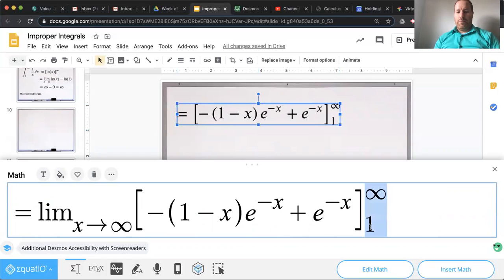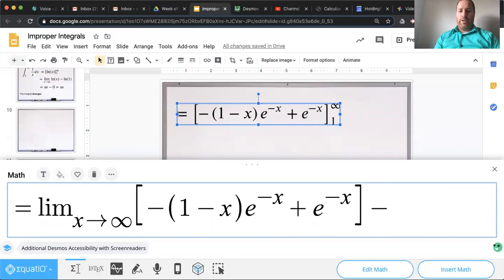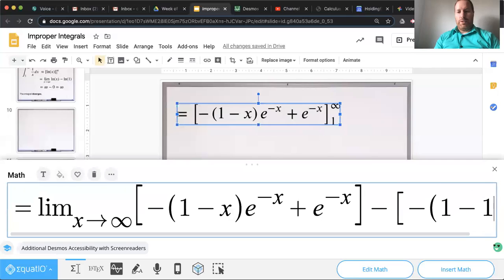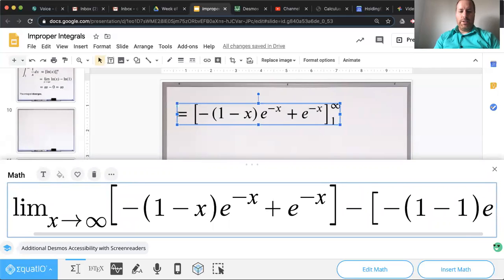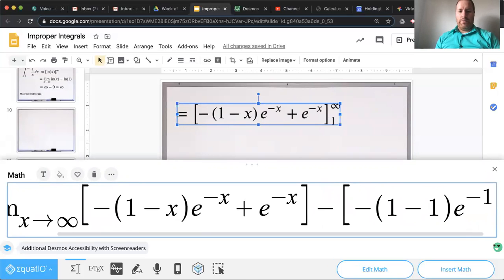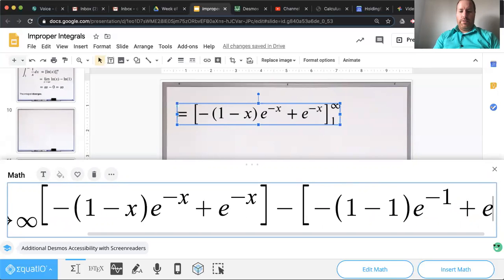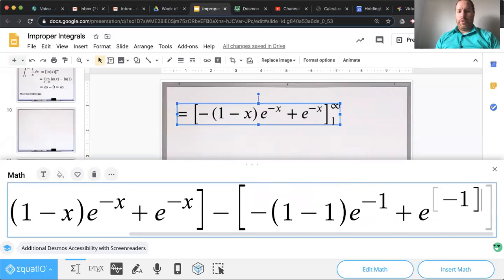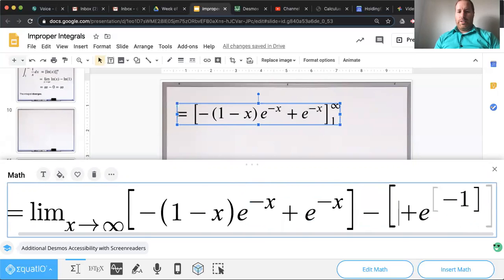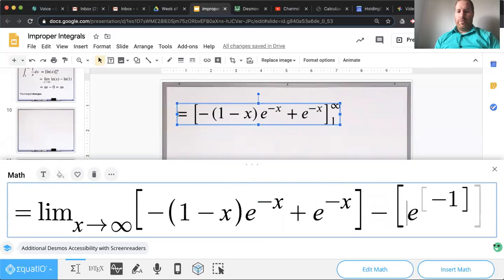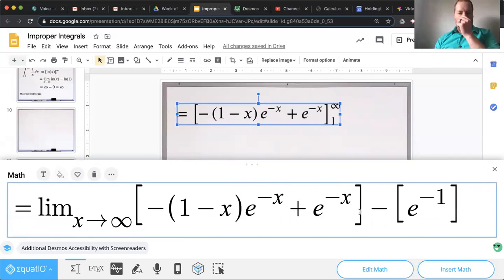And then what we would do is we would subtract all of this stuff as we plug in 1, which where we go through that would be negative 1 minus 1, e to the negative 1 plus e to the negative 1, right? Which we can evaluate this stuff out here. All of this is gone because it's worth 0. So here we need to do this.